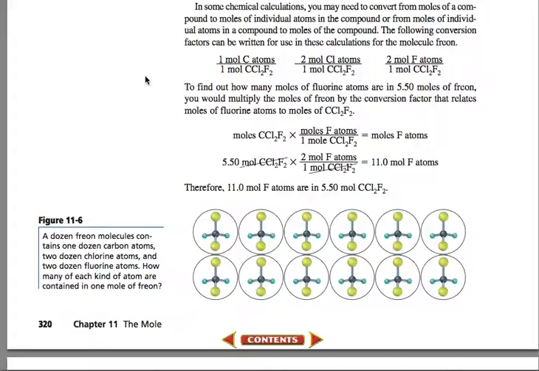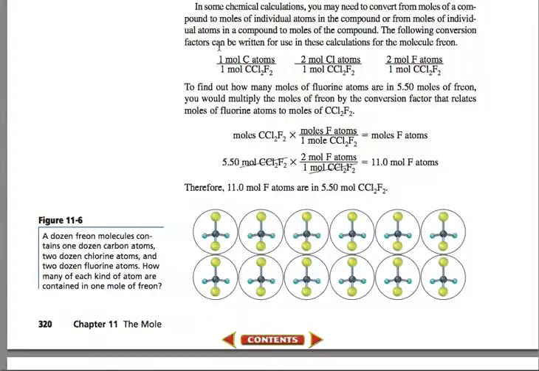So do you understand that? Sometimes when you're calculating, you might have to convert how many moles of this whole compound do you have, and then find out how many moles of a particular atom in the compound do you have, like we just did down here with the carbon and the fluorine and the chlorine.